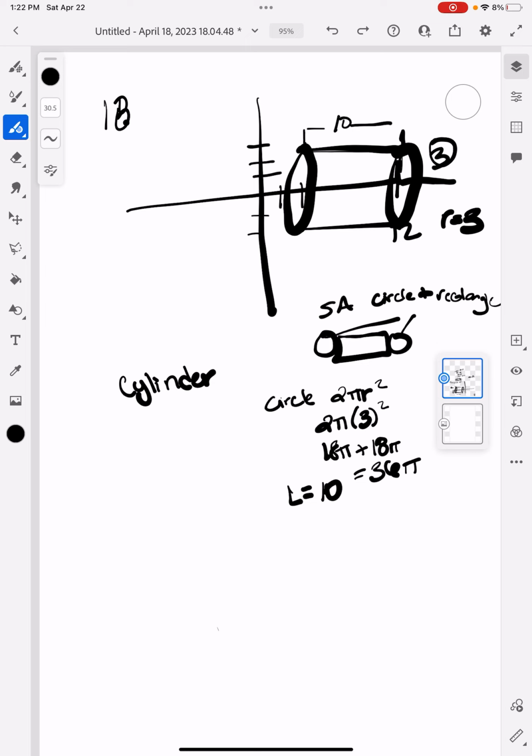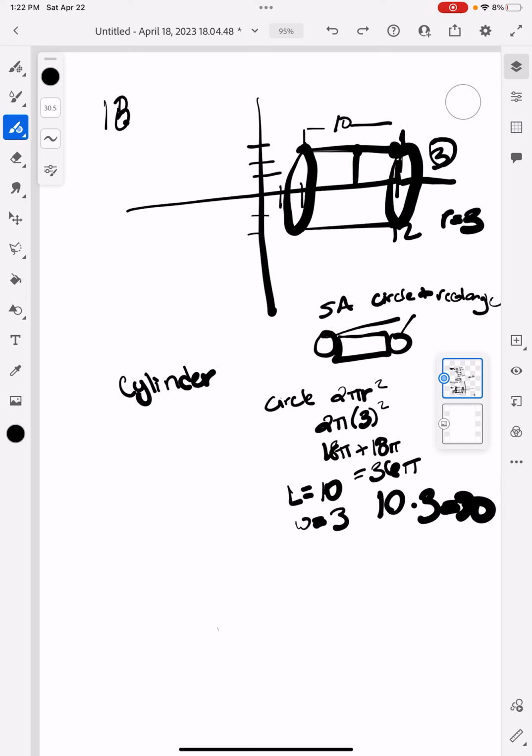So the length of my rectangle is 10. And then remember, the distance from here to the axis is going to give me that width. So that would be 3. So my rectangle is going to be 10 times 3, or 30.